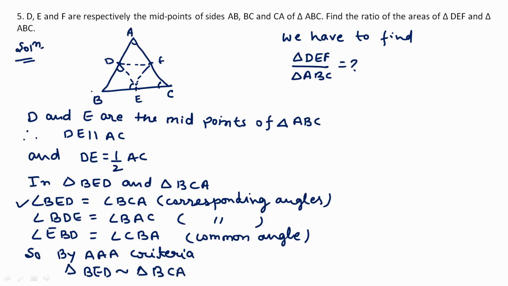If both triangles are similar, then area of triangle BED upon area of triangle BCA is equal to DE upon AC whole square, from theorem number 6.6.